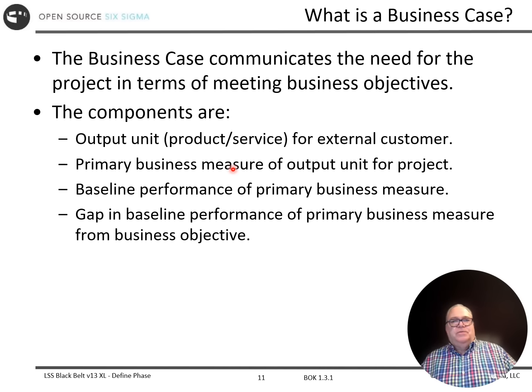Where would we like to be? And we paint this gap, the gap in performance between where we are today and where it really needs to be in order for those voices to be satisfied: our customer, the voice of the business, and the voice of the employee. I actually had a little logo in one of my companies that said close the gap. So what is the gap in performance that the project is going to focus on?